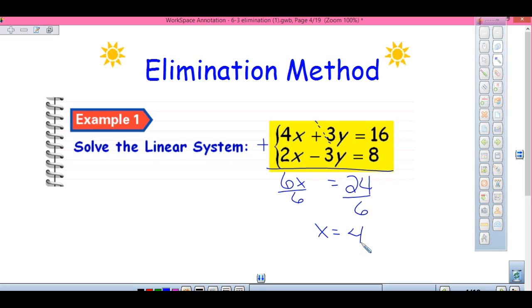Okay, if I were to pick the bottom one and plug it in, I'm going to get the same answer. Okay, but if I pick the top one, I'm going 4 times, what am I plugging in for x? 4 plus 3y equals 16.